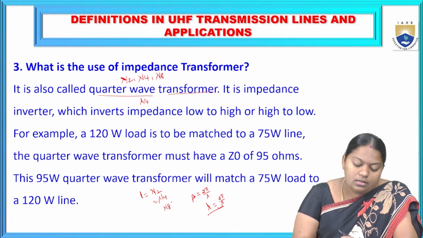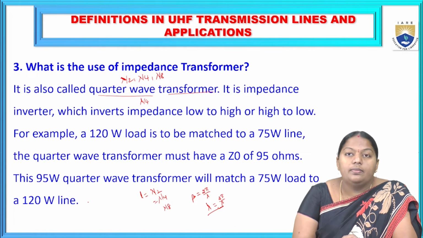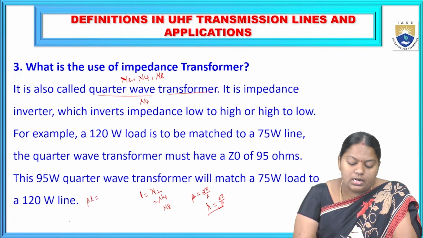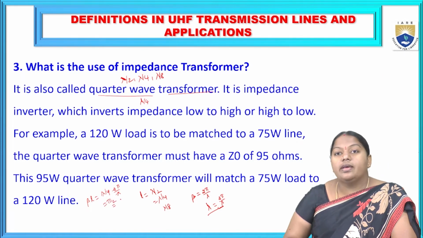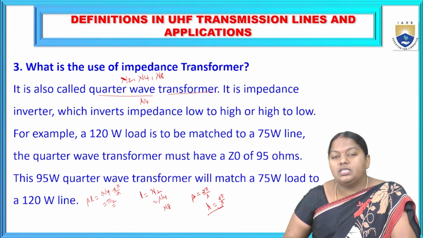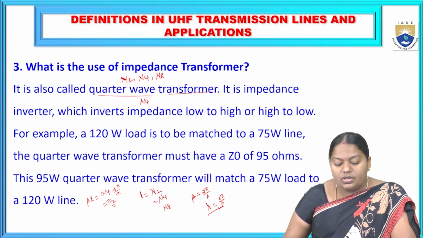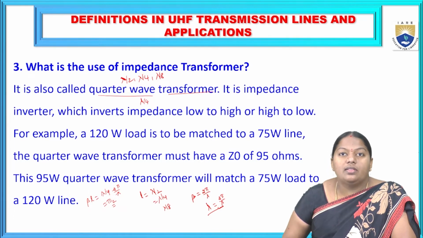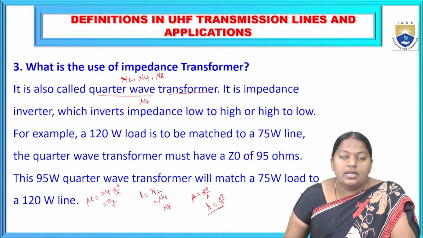To calculate the length of the impedance transformer, we need to multiply beta and L. For the quarter wave transformer case, we use L as lambda by 4 and beta as 2 pi by lambda. Then the 2 gets cancelled, and the lambda gets cancelled, and pi by 2 is obtained as the complete value of beta L. Now this beta L is substituted in the input impedance of the transmission line.